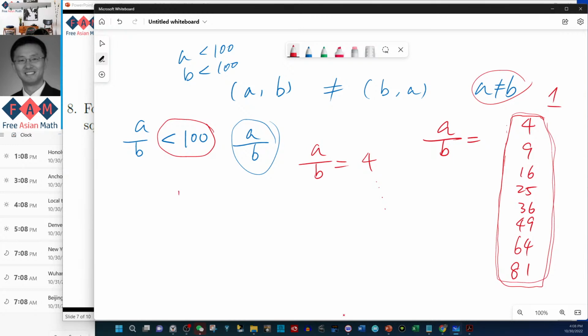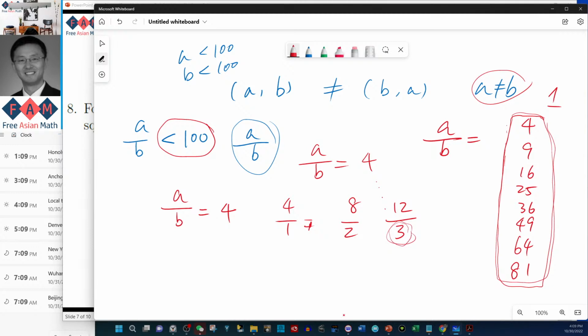Let's just say a over b is 4. Okay, what can you have? You can have 4 over 1, right? And 8 over 2, 12 over 3, and so on, because both a and b are positive integers.